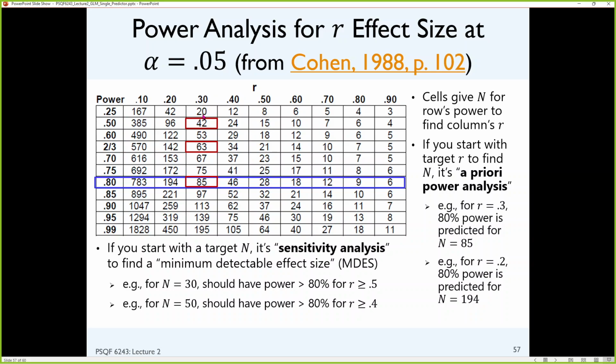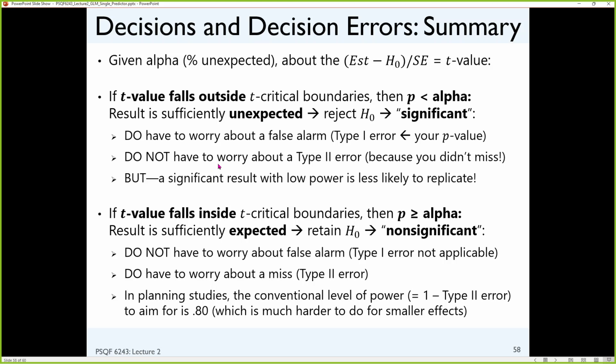I just got lucky. That would have only happened at a sample size of 20 about 25% of the time. So that means if someone tries to replicate my study, they have a 75% chance of not replicating it. I might have just gotten lucky. So you don't have to worry about type 2 error, but you still kind of need to pay attention to power because you could have just gotten lucky.